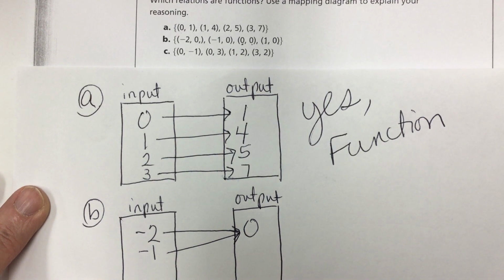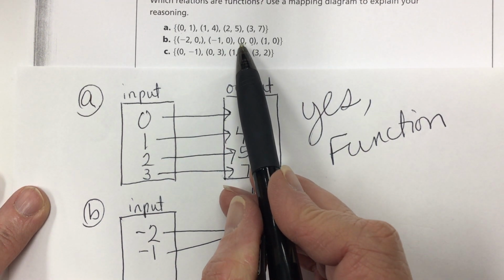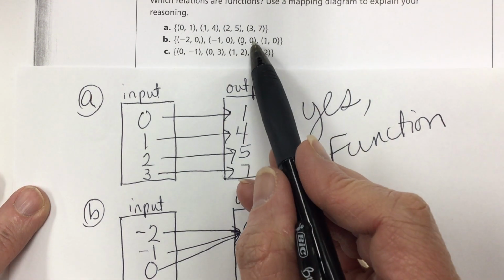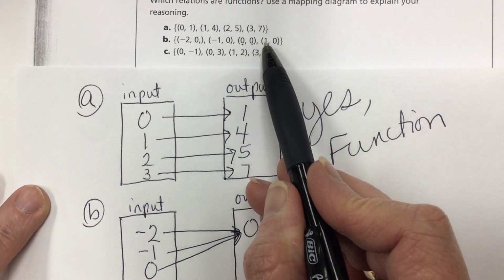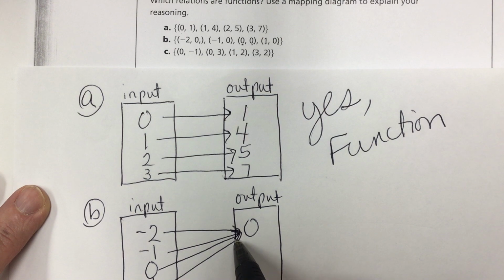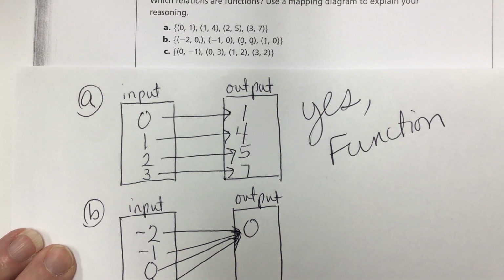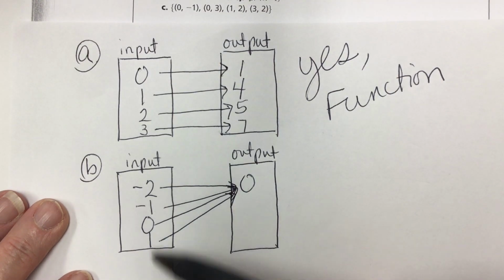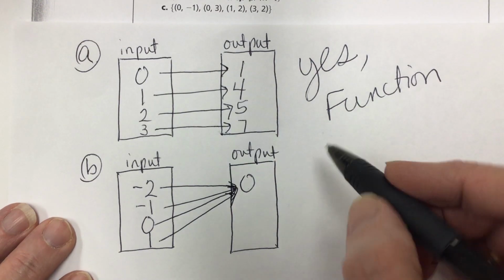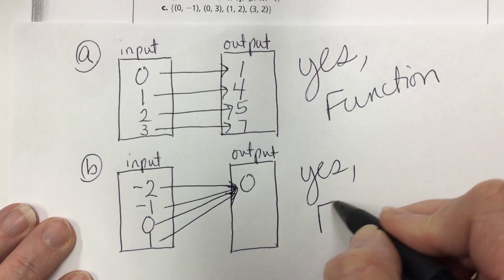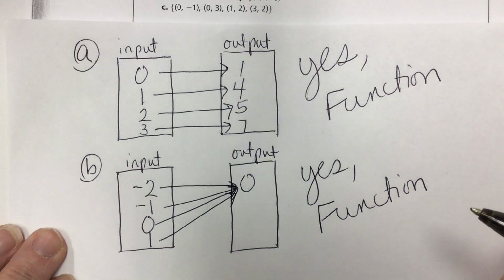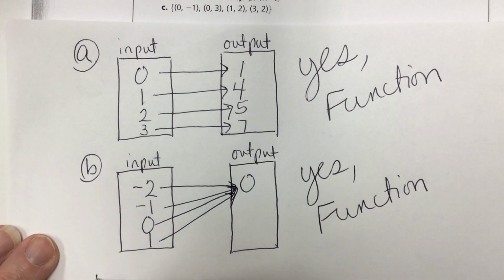So it also goes to 0. 0 input also goes to 0 output, and +1 also corresponds to 0 output. So the question is, do the x's repeat? They do not. Therefore, yes, this is a function. So both A and B are functions.